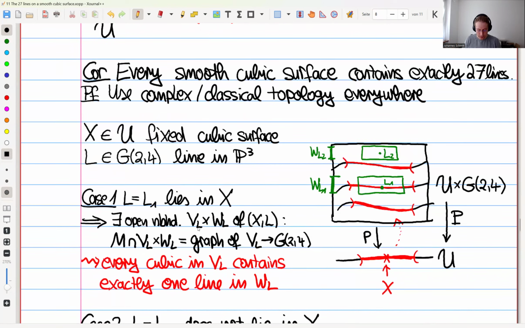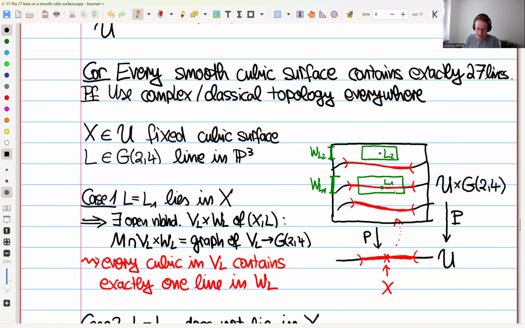So in other words, we found an open neighborhood V_L cross W_L of (X, L) here, such that if we intersect M with this neighborhood, then we are the graph of a function, and now this function is defined on this V_L, and it goes to this Grassmannian G(2,4).